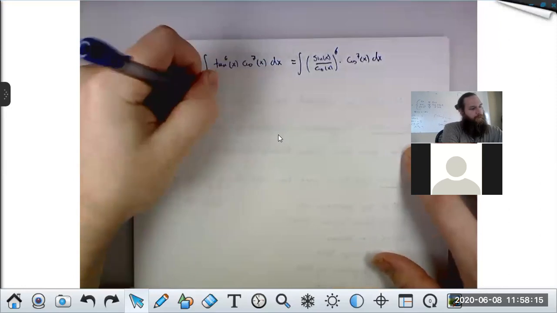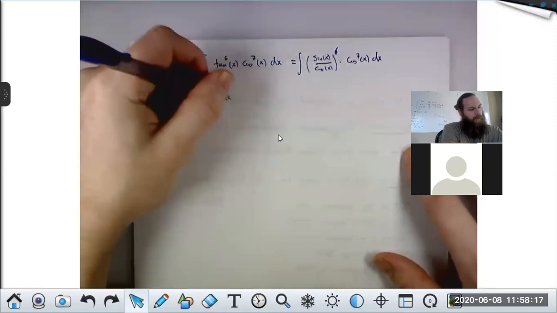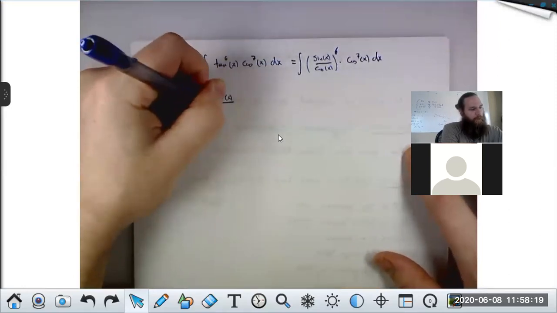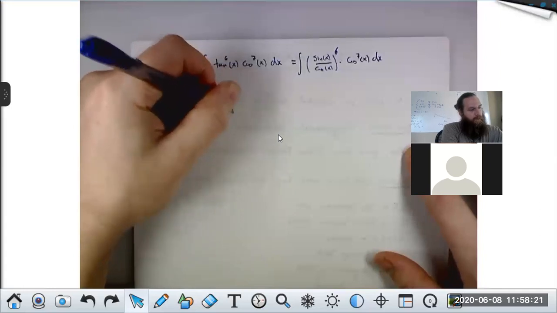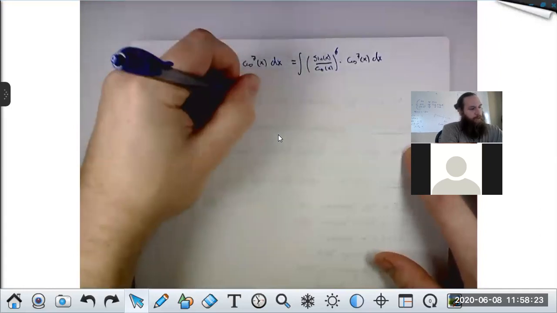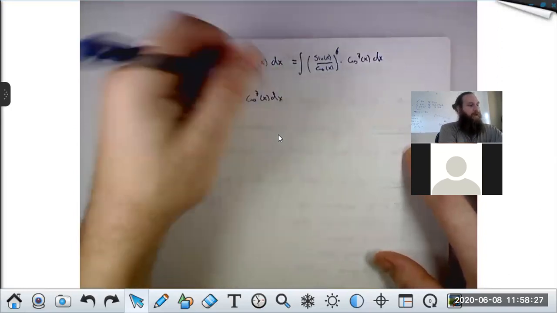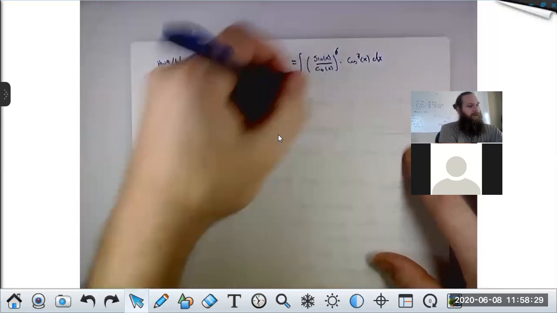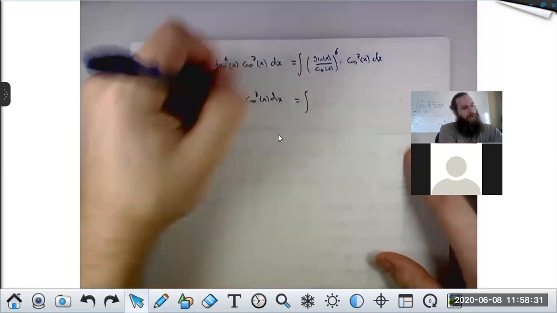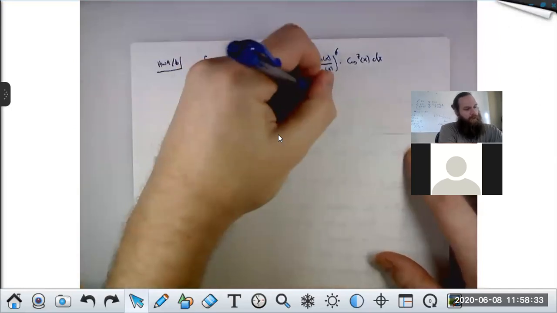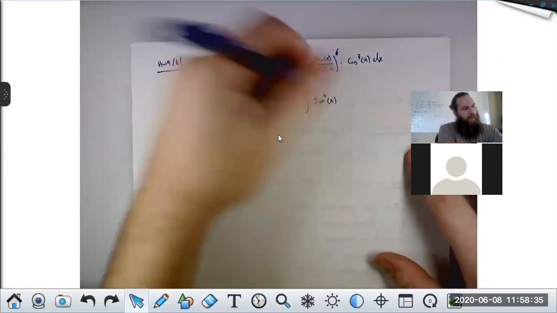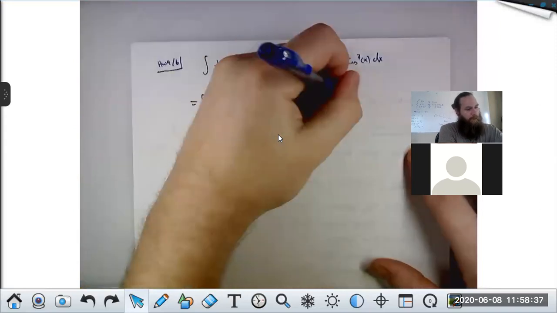which is the integral of the 6th power of sine x over the 6th power of cos x times the 7th power of cos x. And you can cancel 6 of these into that, and you get the 6th power of sine times the 1st power of cosine.